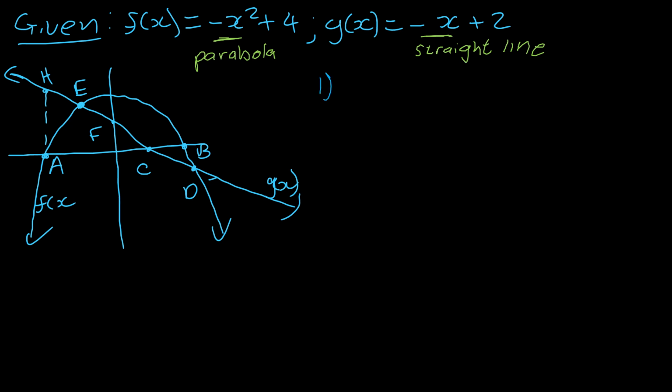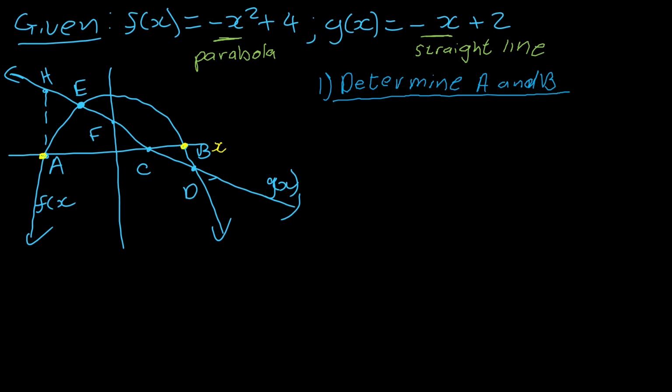Now, the first question I can ask you in this case is to maybe determine the coordinates of A and B. Now, if I consider what A and B are, without me telling you, if you take a look at A and B, you'll see that they are where the parabola cuts through your x-axis.